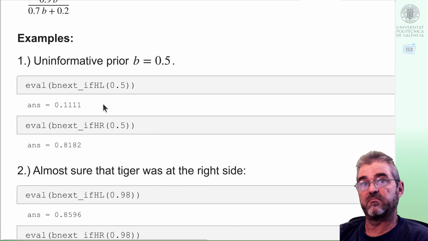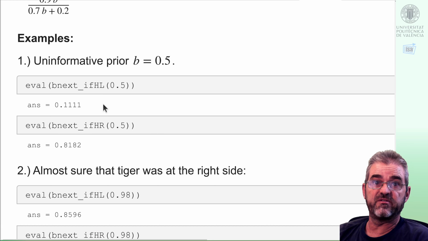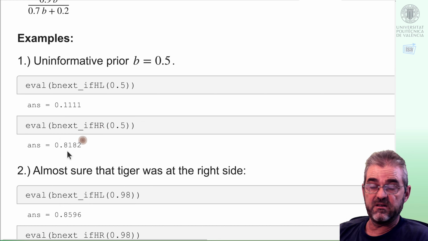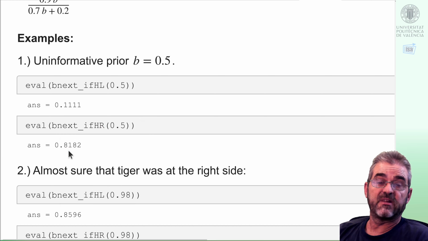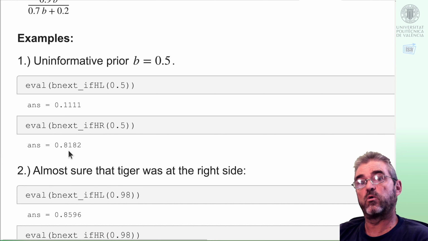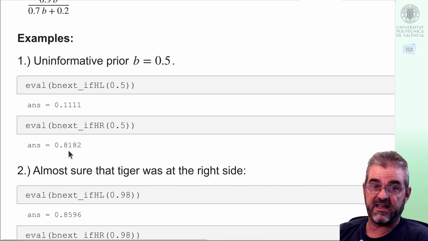And of course, my belief of it being at the left will increase from 0.5 to 0.89. And if I hear noise at the right-hand side door, then my belief of being right will increase from 0.5 to 0.82. And of course, the posterior belief of being left will decrease accordingly. Must add 1 with this.